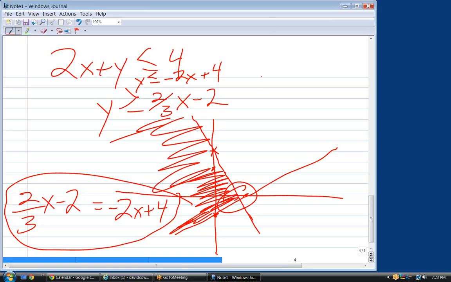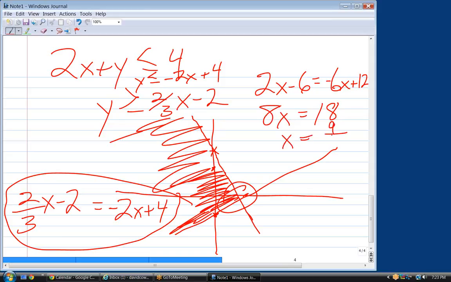Well, I multiply everything by 3 for starters. So I have 2x minus 6 equals minus 6x plus 12. Okay, that gives me 8x equals 18. So that is 9/4, the x-coordinate right there.